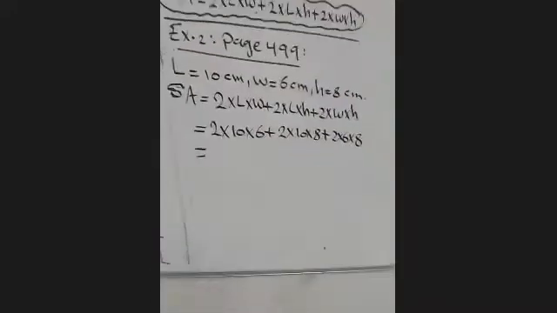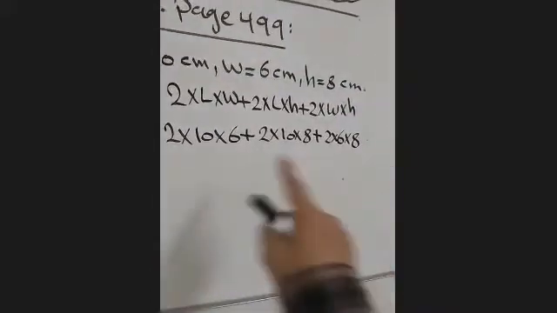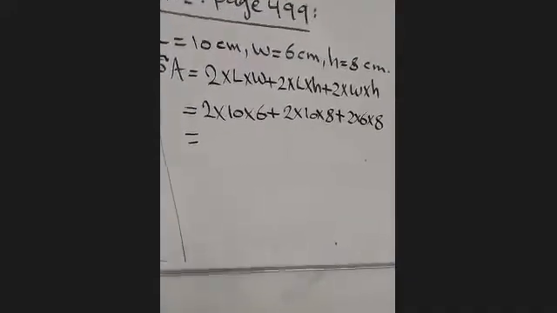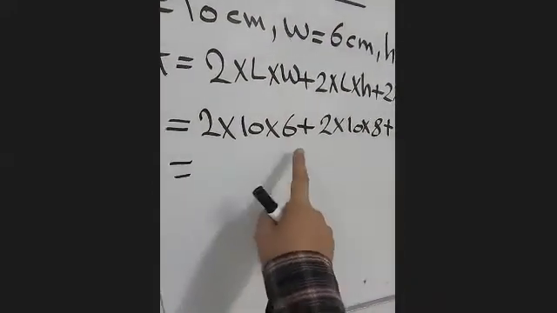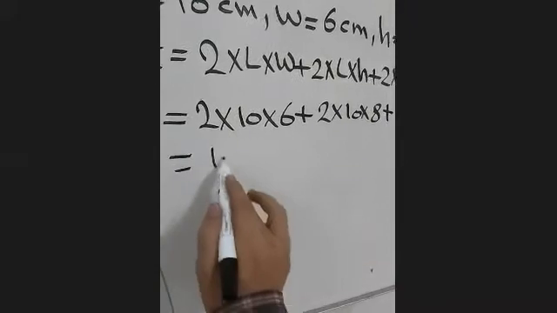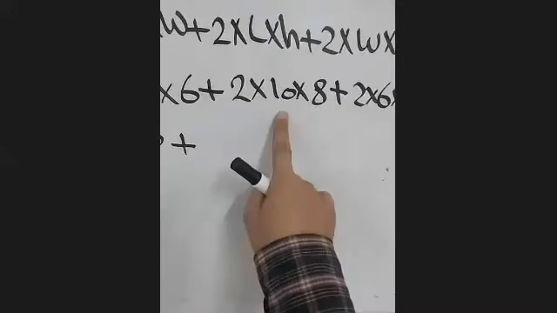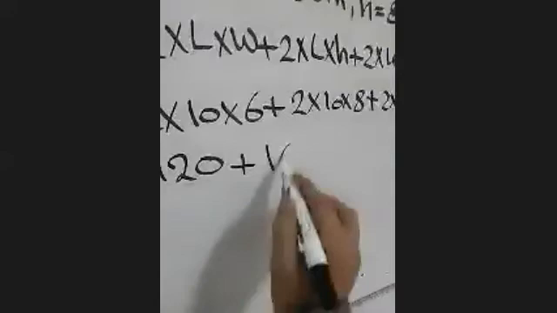Now we calculate these numbers in order of operations, guys. We multiply first, then we add, right? 2 multiply 10, how much? 20. 20 times 6, 120. Plus 2 times 10, 20. 20 multiply 8, 160.